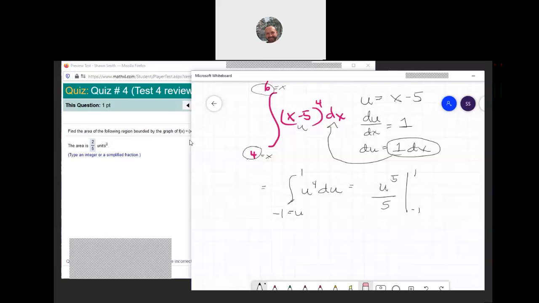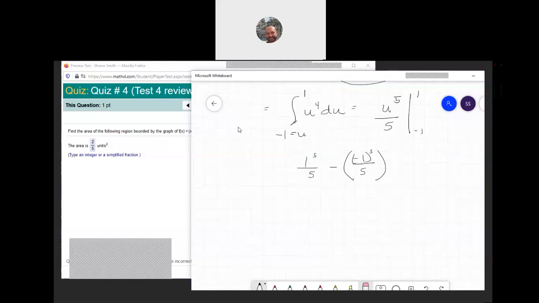That's not too hard. So putting 1 in there is 1 to the fifth over 5 minus negative 1 to the fifth over 5. So that's the fundamental theorem right here. 1 to the fifth over 5 is still 1/5. This will be negative 1/5, so minus a negative is plus. So that's where you get the 2/5.